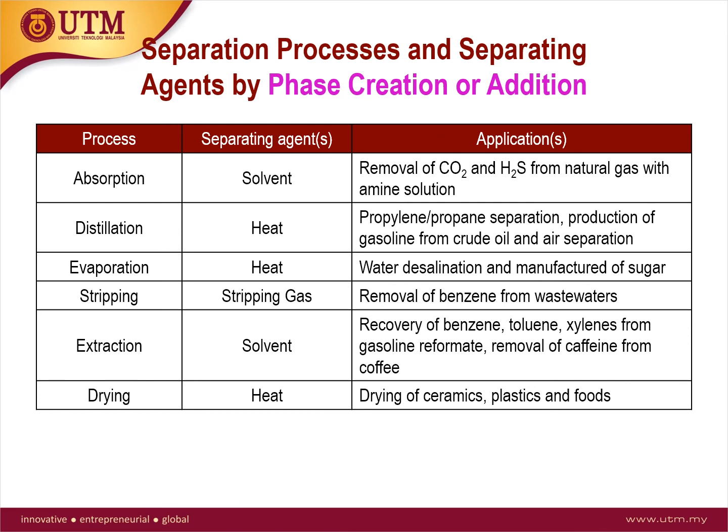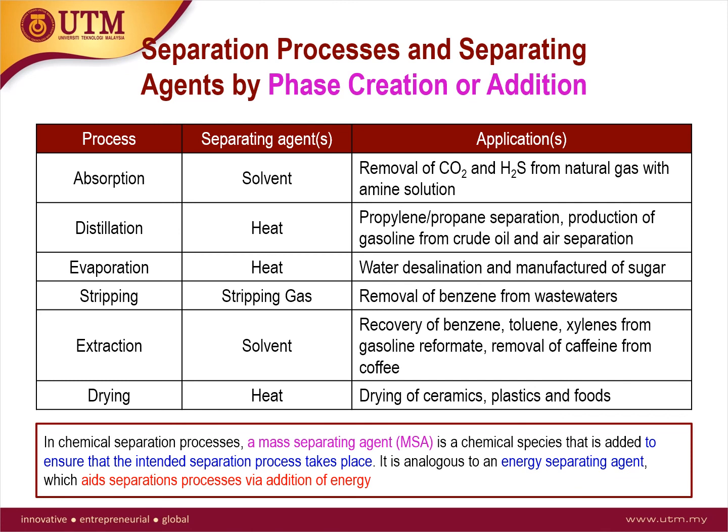For example, recovery of benzene, toluene, xylene from gasoline reformate, and removal of caffeine from coffee. Then the drying process applies heat as the mass separating agent, and this is a phase creation example. For example, drying of ceramic, plastics, and foods.